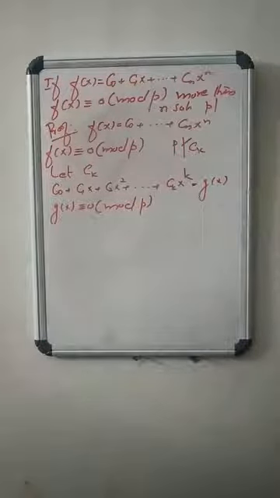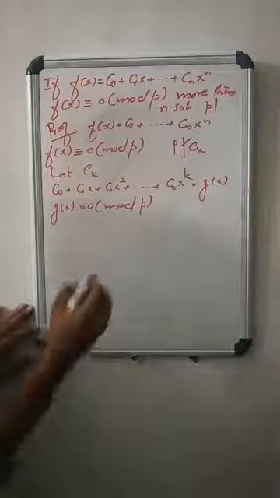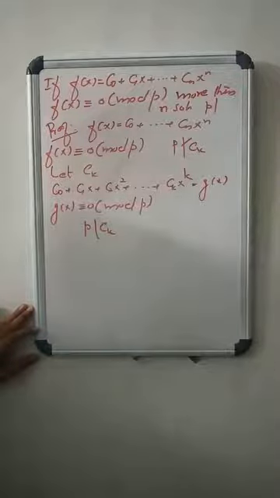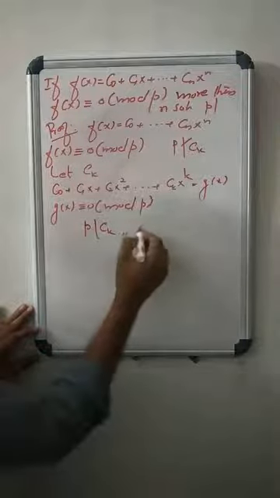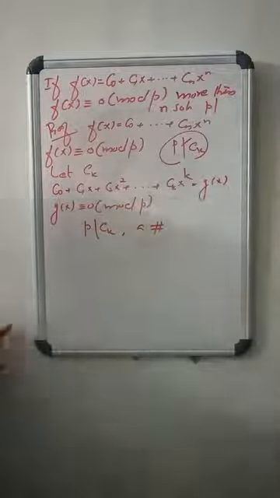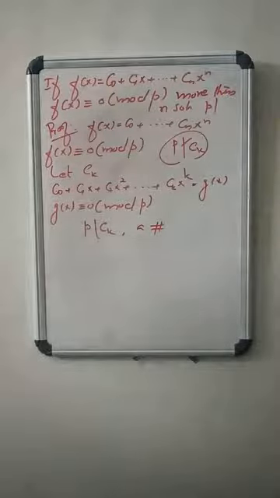Because of Lagrange's theorem. If it has more than k solutions, then by Lagrange's theorem p must divide ck, a contradiction to the choice of ck. Hence this contradiction is due to our wrong assumption. Therefore, every coefficient must be divisible by p.